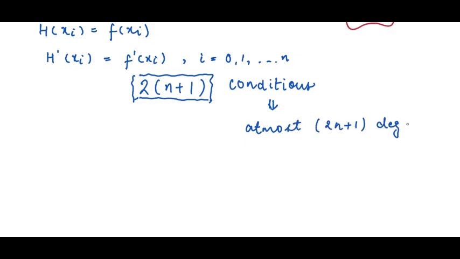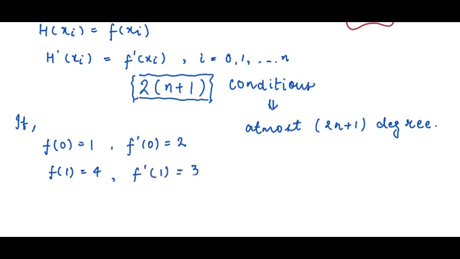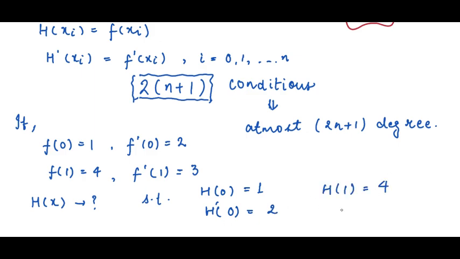Now suppose we know the function value at 0 as 1 and f dash 0 as 2, and the f(1) value as 4 and f dash 1 as 3, and we want a polynomial H(x) satisfying H(0) equals 1, H dash 0 equals 2, H(1) equals 4 and H dash 1 equals 3.